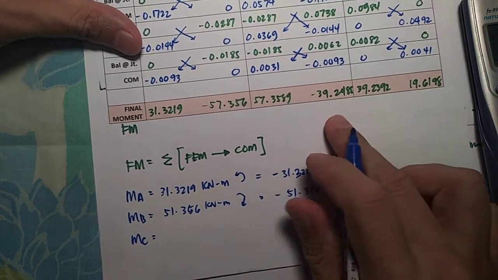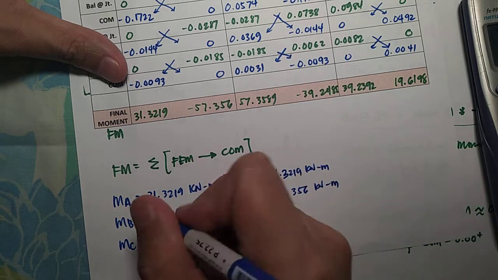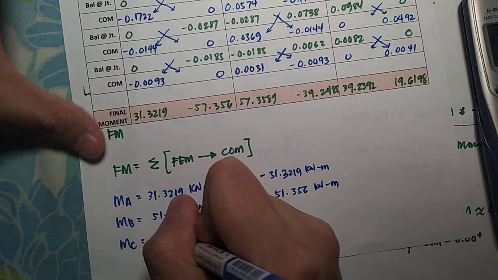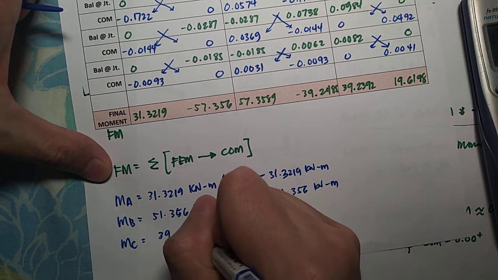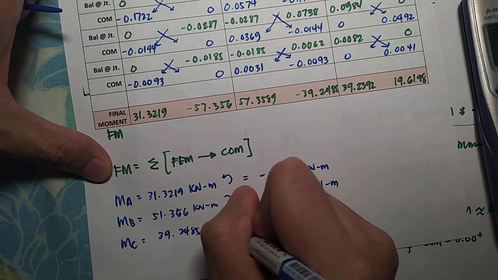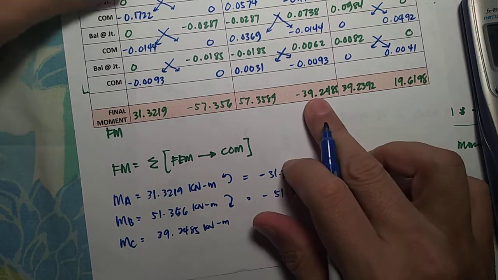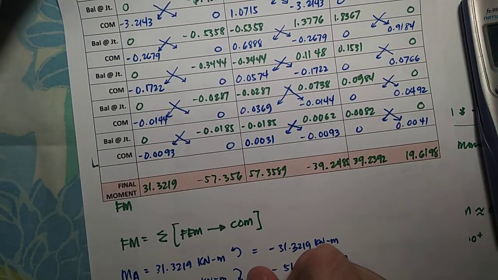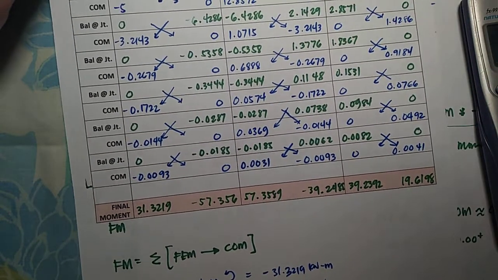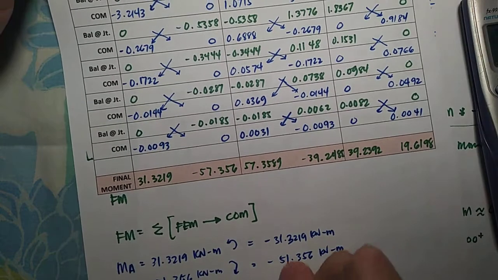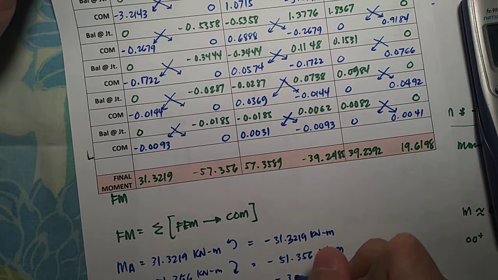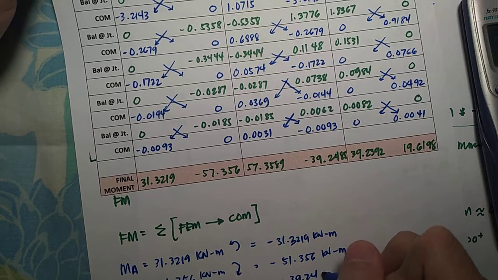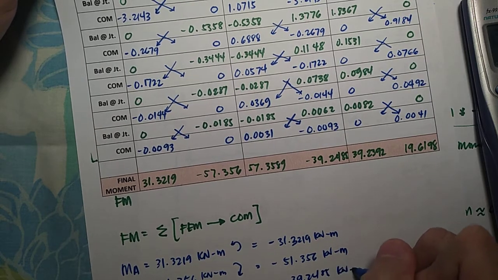How about the moment at C? The moment at C is 39.2485. It should be clockwise in that direction, so that makes the beam sad face again. So negative 39.2485.